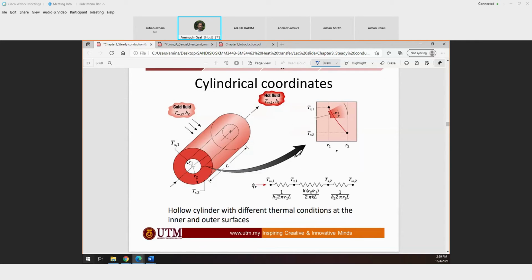When we talk about cylindrical coordinates, what we need to understand is that the temperature distribution, the temperature variation across the cylinder will vary as a function of radius.